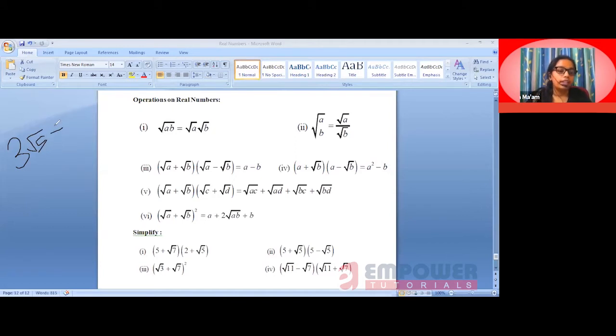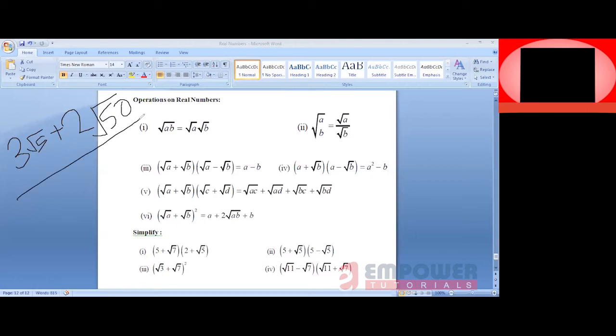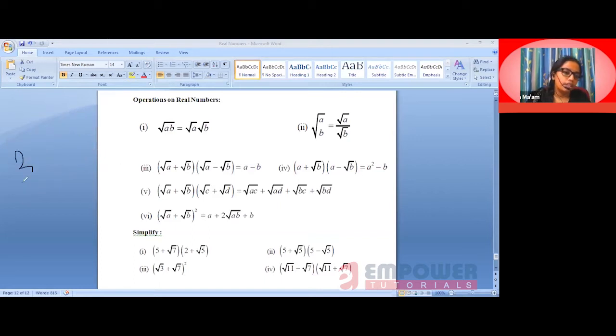Okay. Say, if I have something like this, 3 root 5 plus 2 root 15. In this case, can I add these two numbers? No, ma'am. Okay, very good.